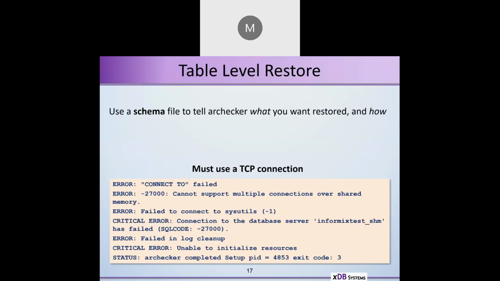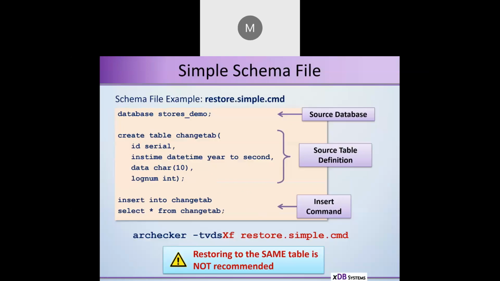If you are not, and you're sitting there with a shared memory connection with the Informix server, you'll get this message, cannot support multiple connections over shared memory, and it's failed, and so on. Always remember to use a TCP connection.